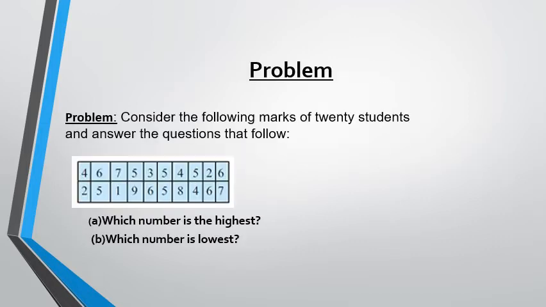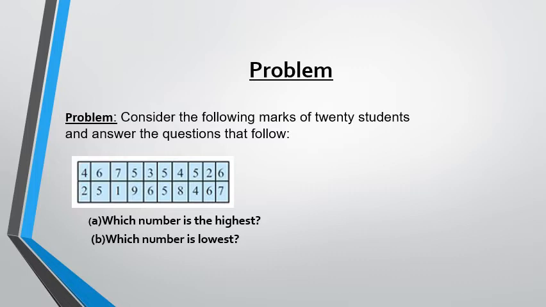Alright, let's take an example to understand how we calculate mean and how we calculate our range. Now look at this problem. These are the marks of 20 students, given out of 10, and we have to answer the following questions.